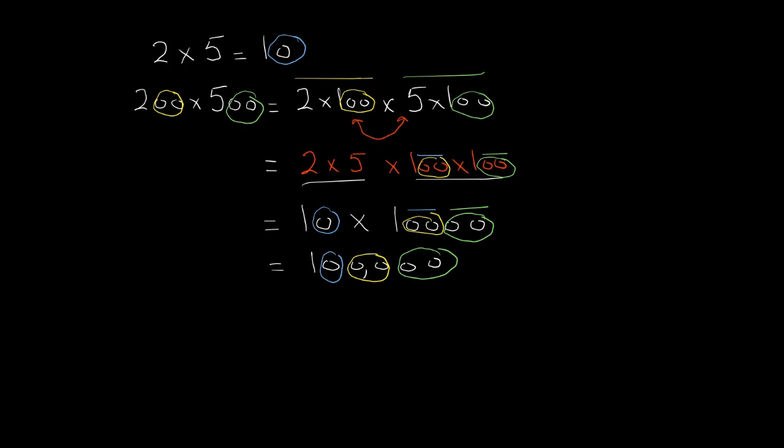So the moral of the story is that you're just adding the zeros. These two zeros plus 2 zeros made 4 zeros, and these are the 4 zeros you get over here, and then you just multiply 2 by 5 to get the answer, which is 10.